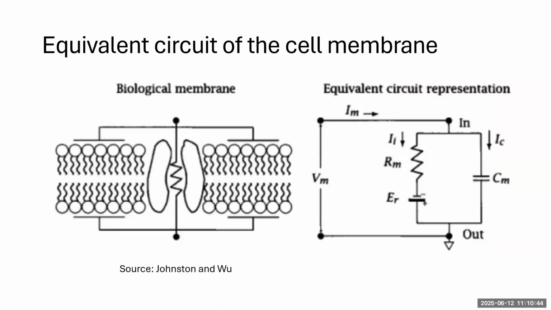And we have seen this before. We can think of the cell membrane as a lipid bilayer with channels embedded in it. Those channels allow current to pass, so they act as resistors or conductors, and the lipid bilayer acts as a capacitor because it is an insulator, right? So an insulator dividing charges or dividing voltages is a capacitor.